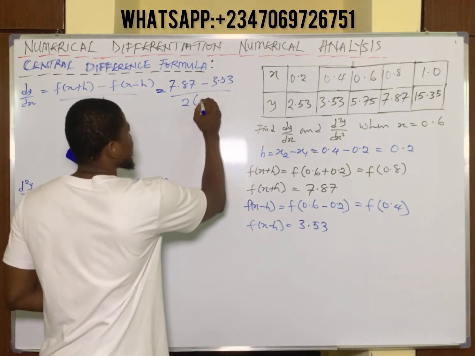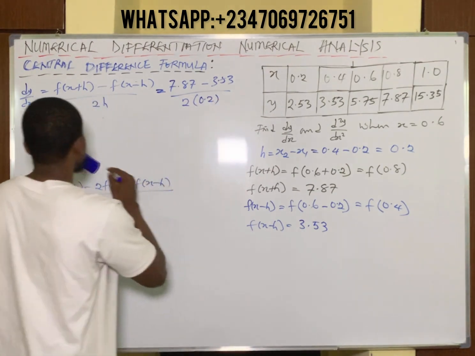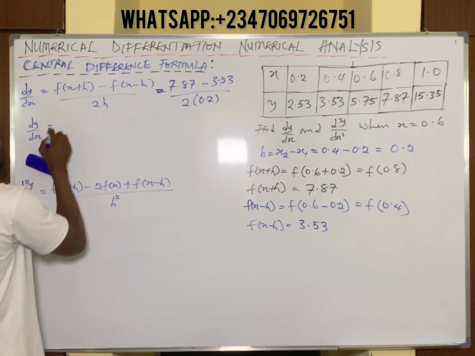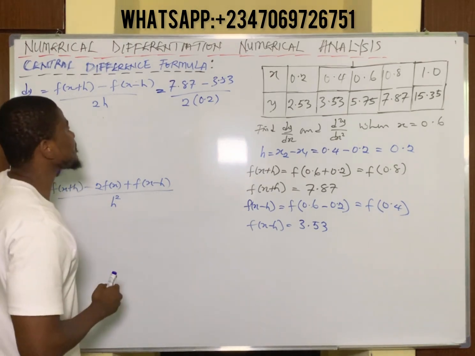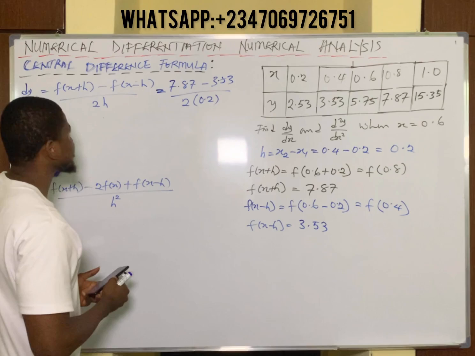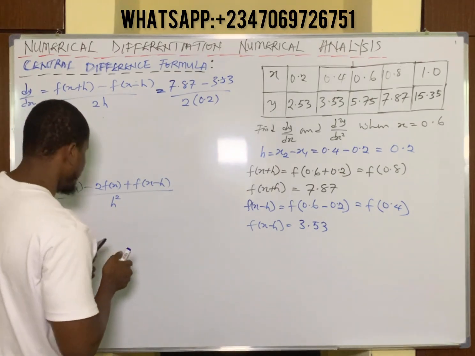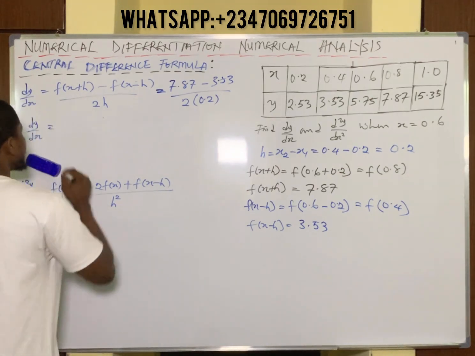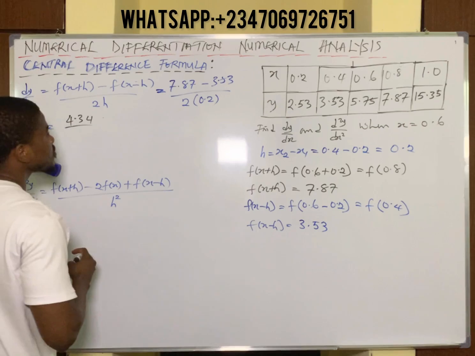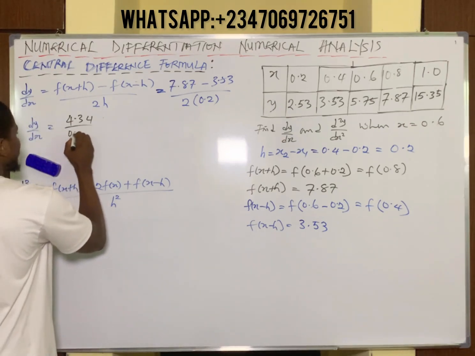So divided by 2 times 0.2. So this means the dy over dx is going to be equal to, let's find 7.87 minus 3.53. That simply gives us 4.34. So the numerator is simply 4.34 divided by 2 times 0.2, which is 0.4.